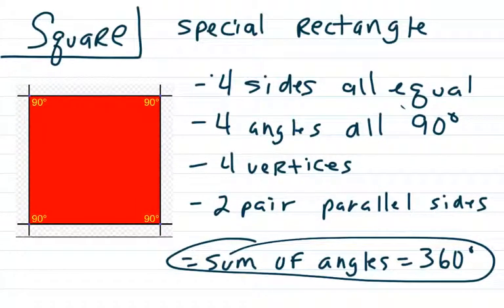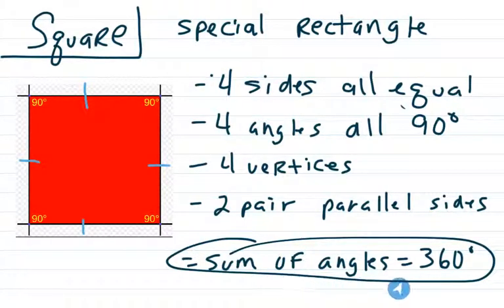Our next quadrilateral is the square, and this is a special rectangle. All of the sides are equal, so when I mark all of the sides, they're all going to have the same type of mark. All of the angles are 90 degrees. They have four vertices, and remember, this is a parallelogram because it has two pair of parallel sides.